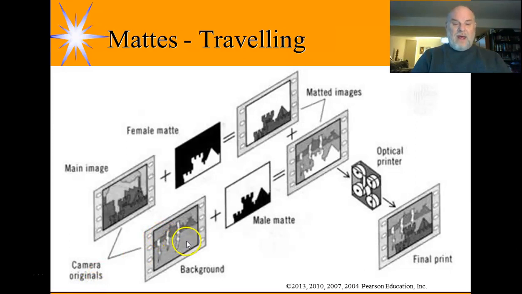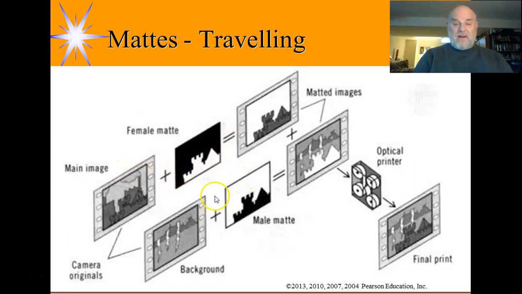So in this case, as we discussed, in the example of the foreground of Bluffers Park and the main image of the Molson Brewery, the footage that had been captured of the Molson Brewery would be projected into an optical printer, and a female mat would be created, which would allow light to only pass through the frame in the area where the brewery is located.